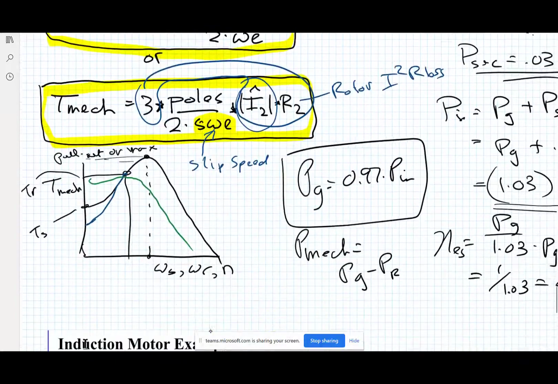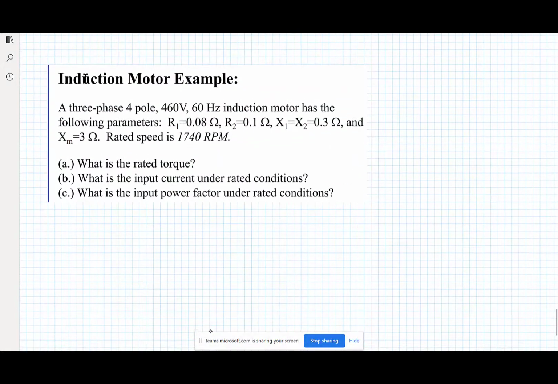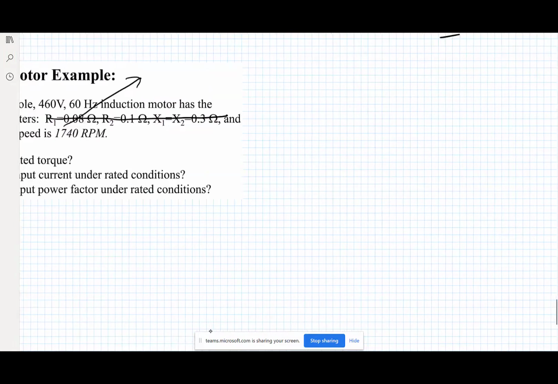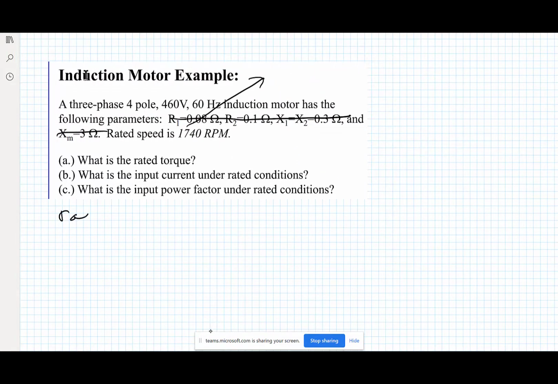Okay, so let's look at an induction motor problem, and I'm actually going to do this differently, with different numbers. Let's look at a situation where we have rated slip.